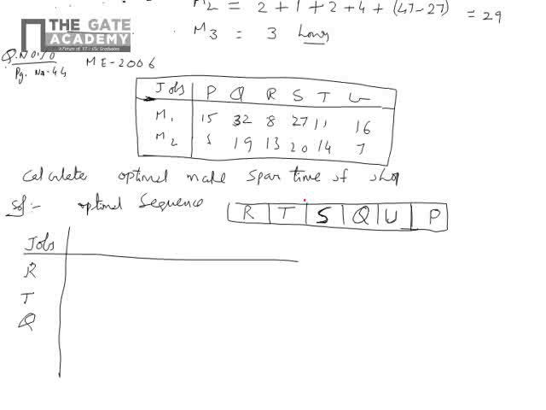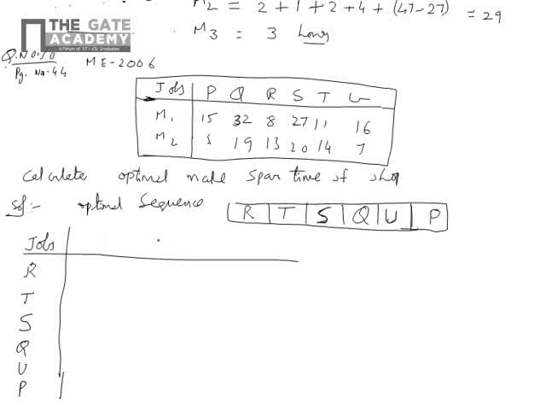Okay, Q and S. You have to be careful; once these calculations go wrong, the entire thing goes wrong. So R, T, S, Q, U, P. Right, you got the sequence.